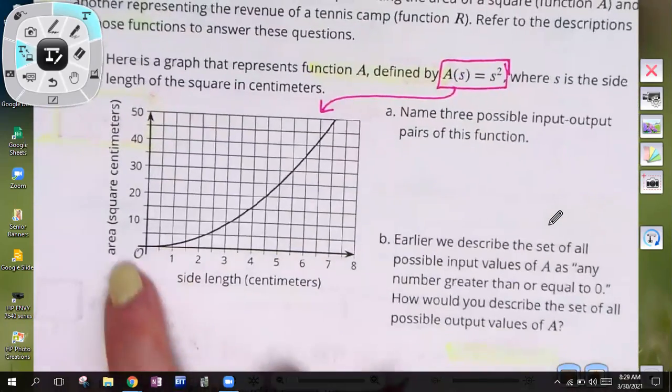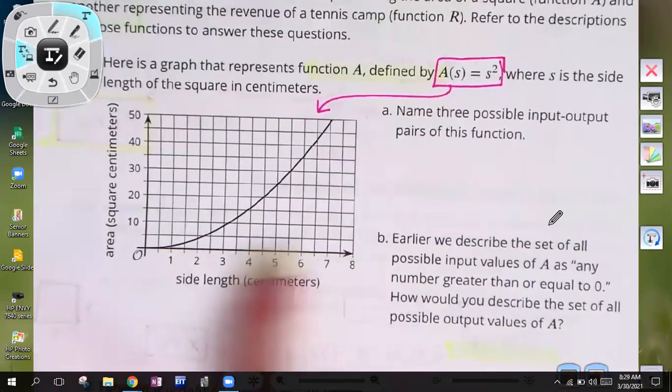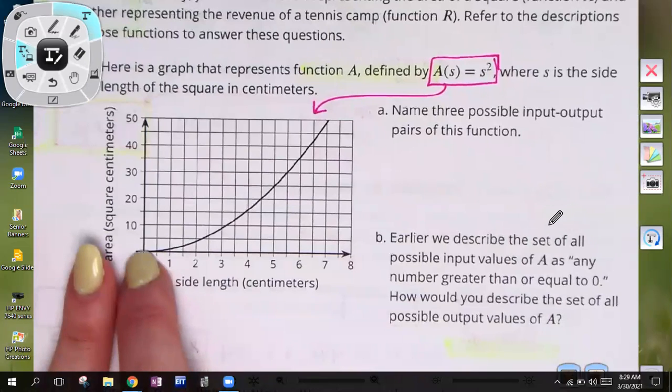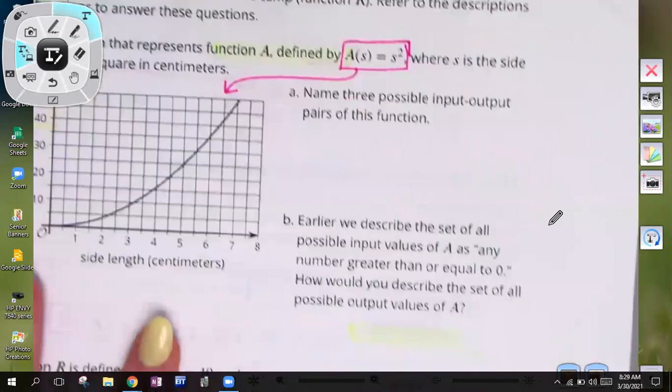Look at this graph. Are all these positive numbers that we're working with? It started off at 0. Actually, it did, but I'll explain what this guy is here in a minute. But yes, they're all positive, okay?